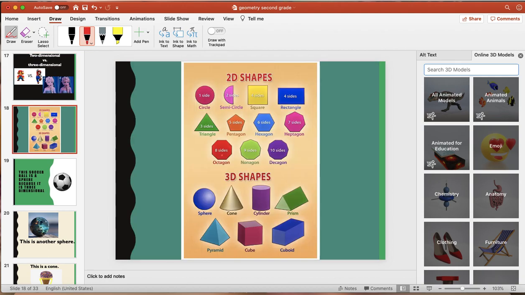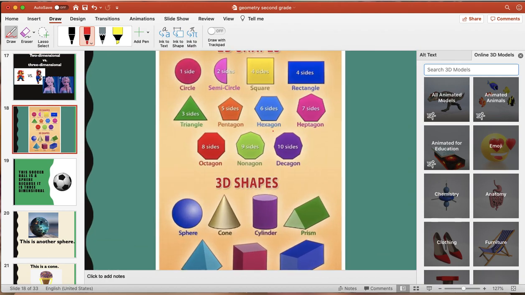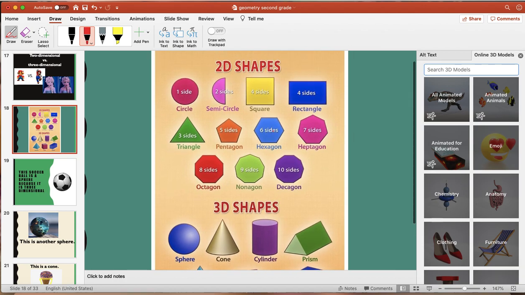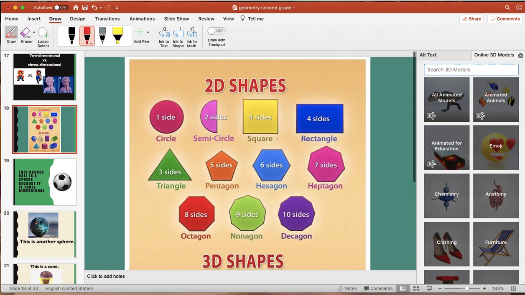In this chart over here, we're just going to review some of the 2D shapes that we learned. So we had a circle which has a curved side, because it's not like a square where it has four equal sides where there are lines. This is just a curve, as you could see.